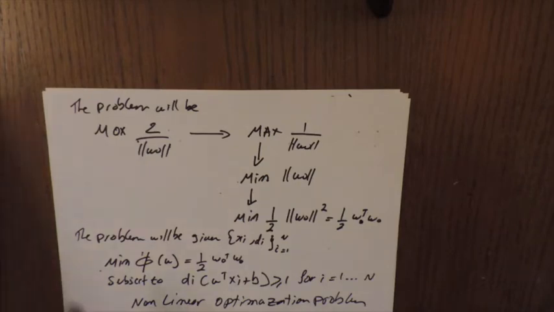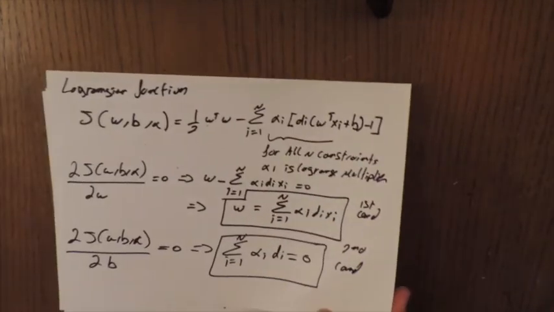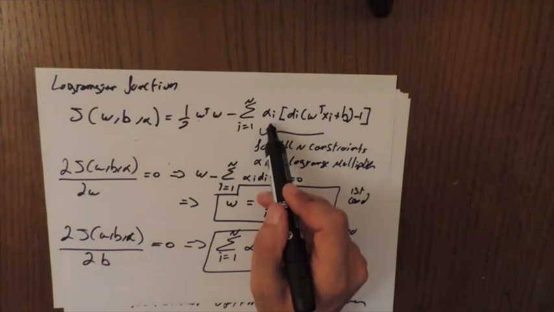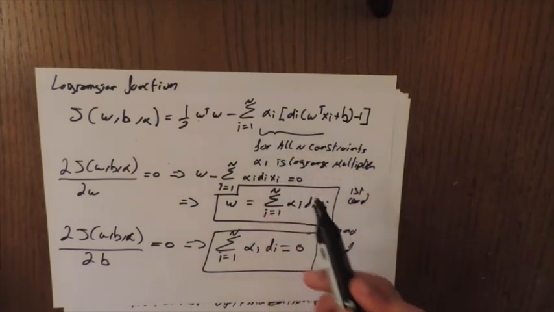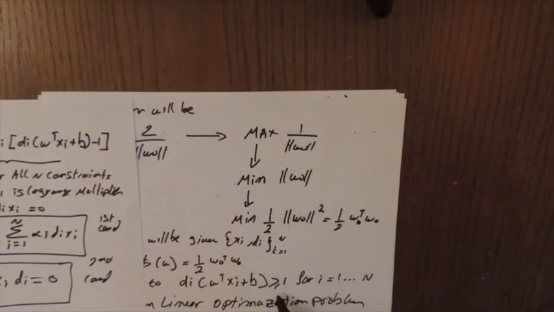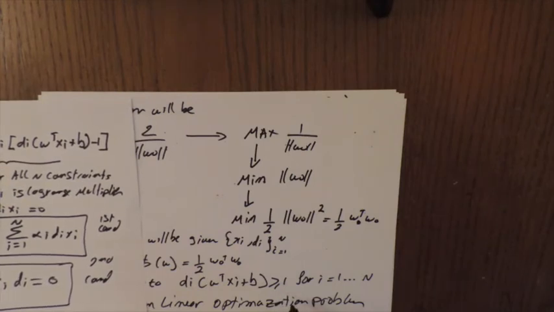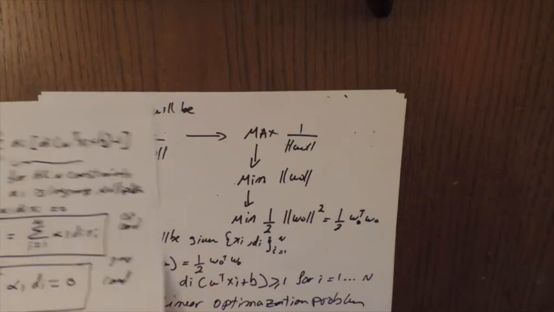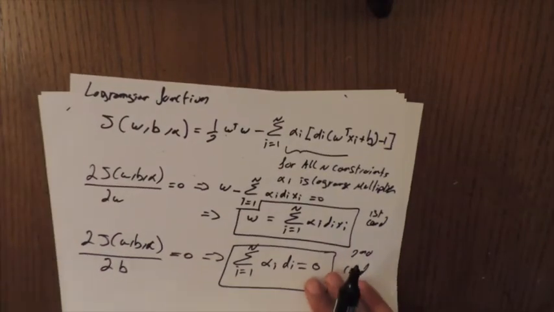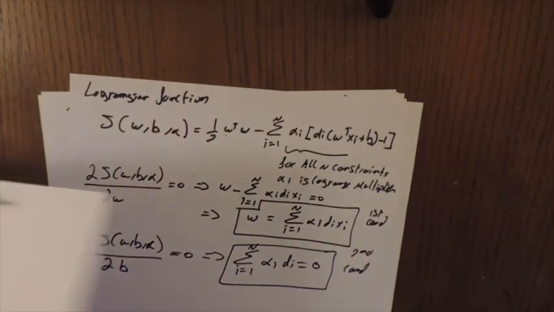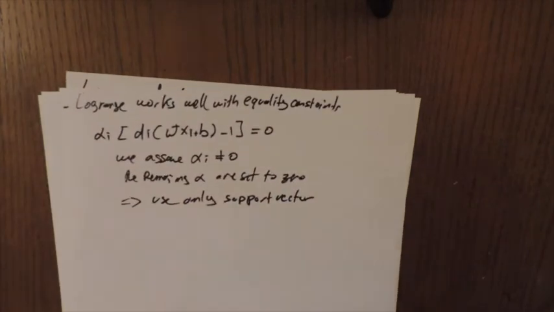And to do this, we can enforce this by setting the alphas to be 0 for the cases where we don't have an equality, and non-zero for the cases where we have an equality, which is related to support vectors. And this is how we can solve this problem. And this is what I'm saying here in this part.